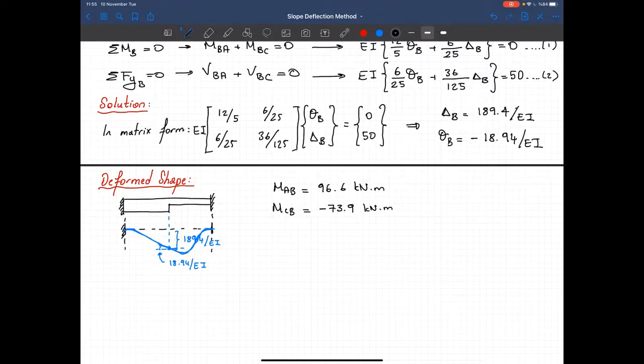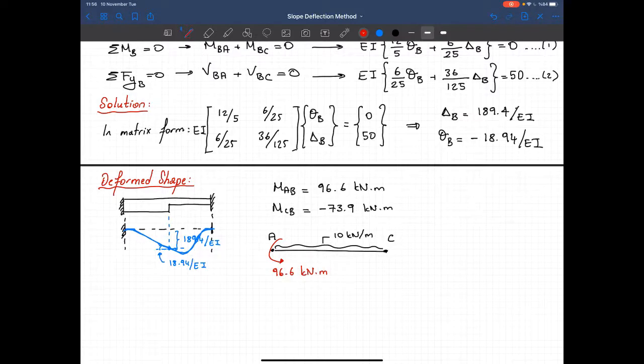So the free body diagram for the whole member looks like this. I got 10 kilonewton meters here. At point A, I have a counterclockwise moment, and the magnitude is 96.6 kilonewton meters.